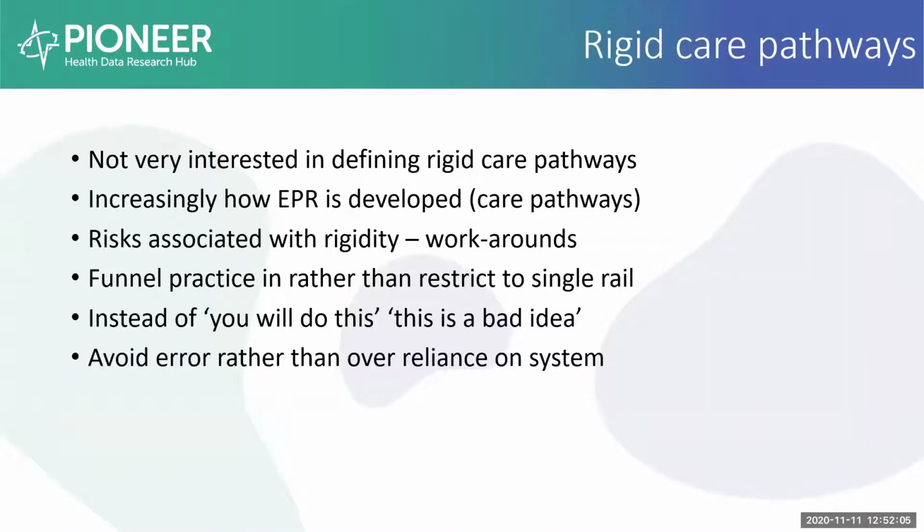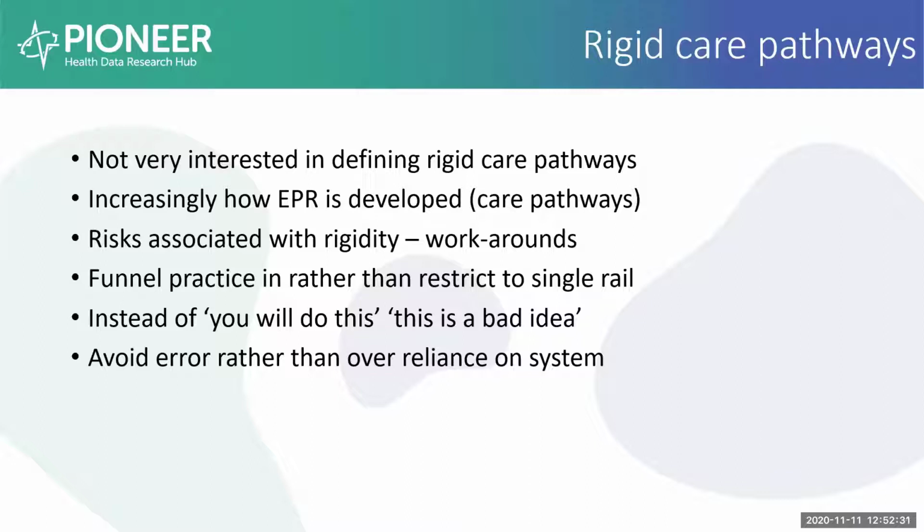We're not very interested in defining rigid care pathways. So lots of electronic patient records are now developed like this, where you tick lots of boxes and then it tells you the answer at the end. The trouble is that most very complicated patients in tertiary referral centres don't follow the rules, and you'll end up with a lot of rigidity in these kinds of systems.